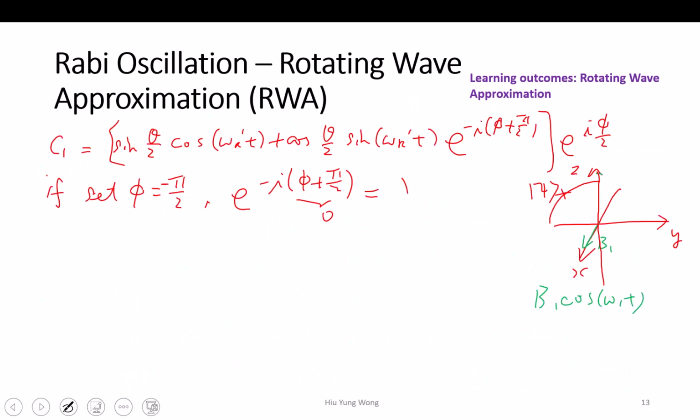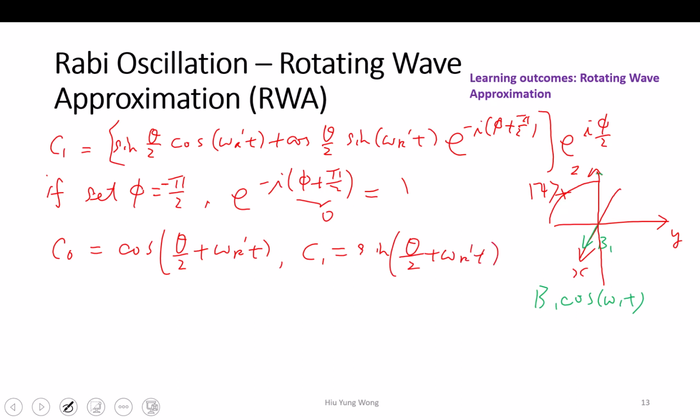Then you find that C0 is just equal to cosine of theta divided by 2 plus omega r dash t, and C1 is just equal to sine of theta divided by 2 plus omega r dash t.